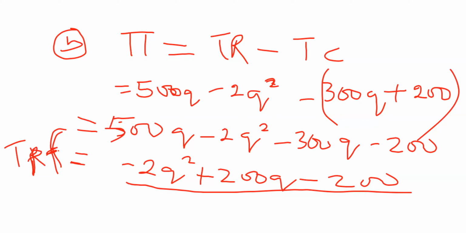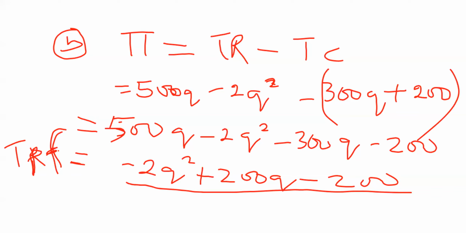Solve and get Q, which gives us the result that is involved. Is that okay? I hope you have written this. Can you hear me? Yes, I can hear you.